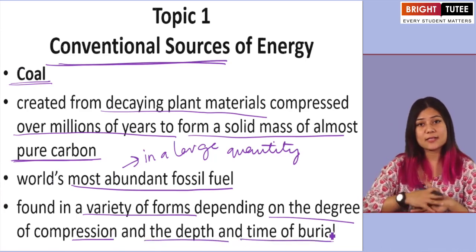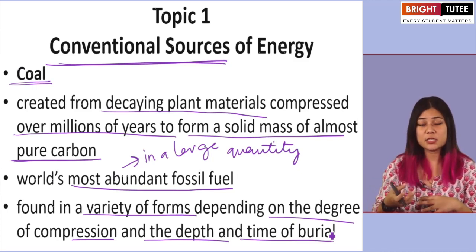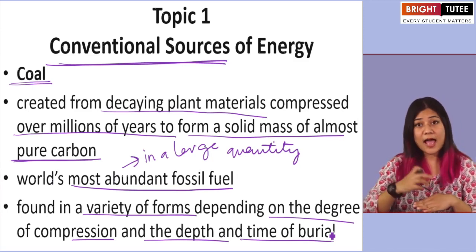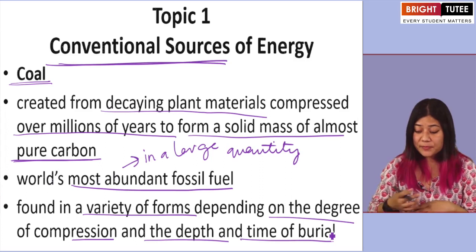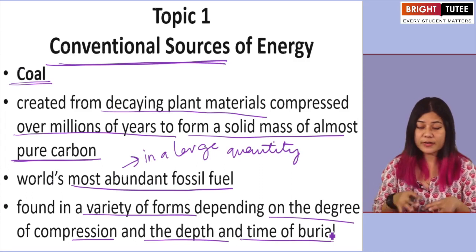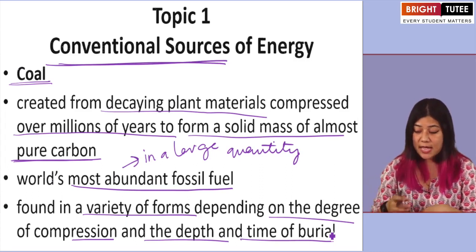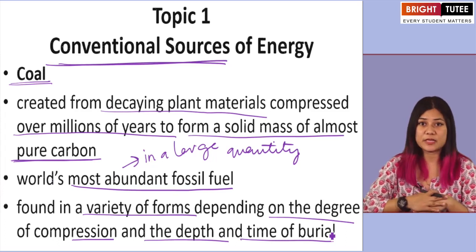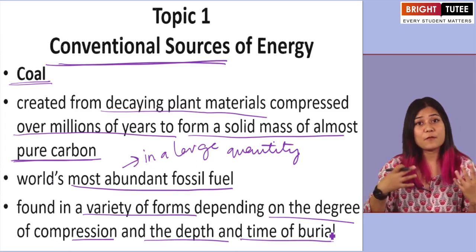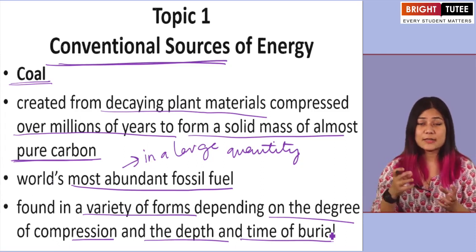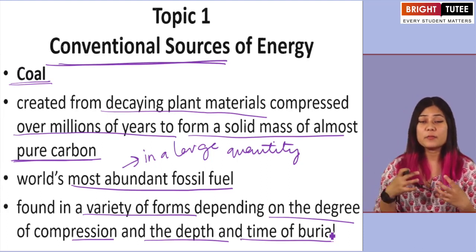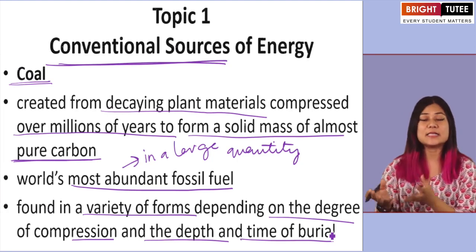So when the materials which have decayed compress, how deep it has gone under the soil, and how that compression has been over time, whether tightly compressed or not so tightly compressed, and for how long, all those factors make sure that the coal is made available in the form that it is available.